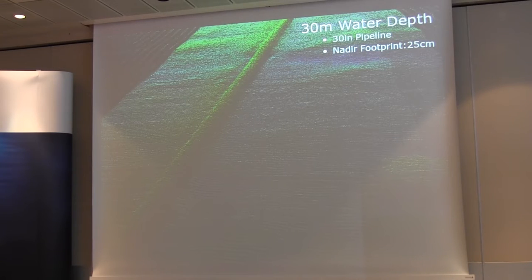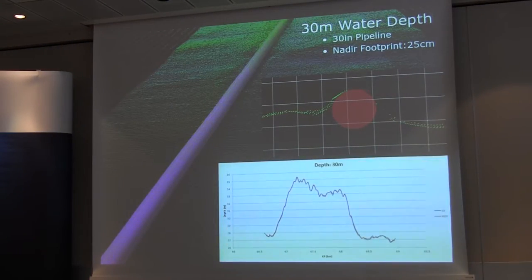So now, slightly deeper water, 30 meters now. Footprint is 25 centimeters. And the pipe, again, you can find the pipe really well, and ROV and SV data matching up really well.